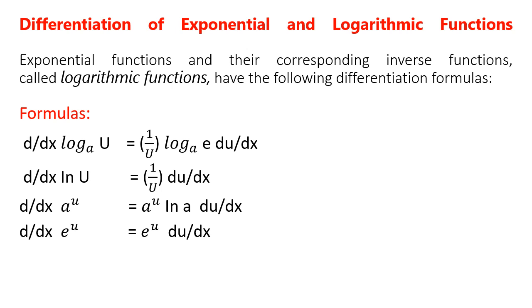Then d over dx of a to the power u equals a^u ln of a du over dx. Then d over dx of e to the power u equals e^u du over dx.